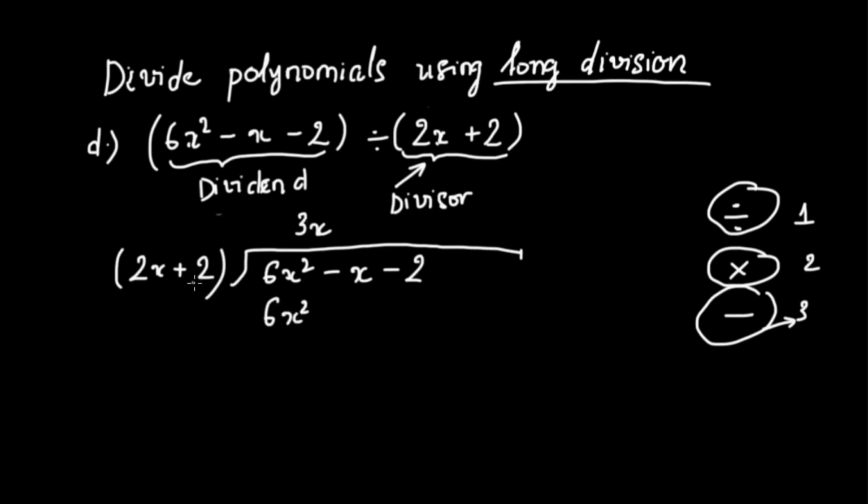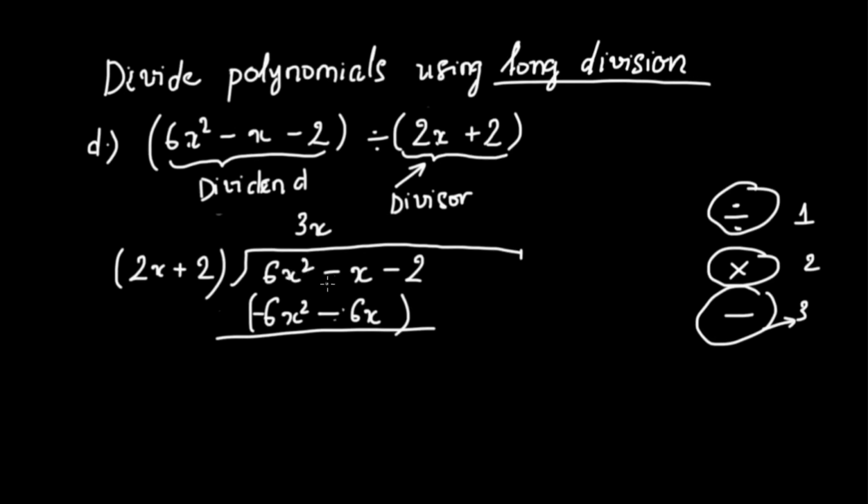And 3x times 2, you got 6x right here. The next step, step number 3, is subtraction. You put the subtraction sign right outside this expression. This is just number -1. So -1 times 6x squared, you got -6x squared right here. And -1 times 6x, you got -6x. So you put negative sign here.